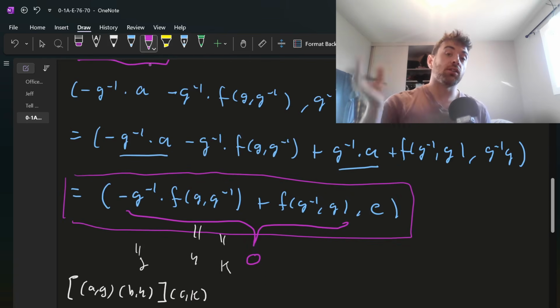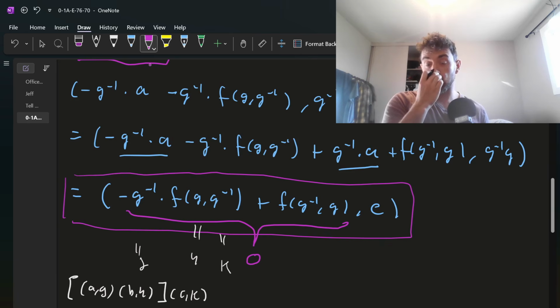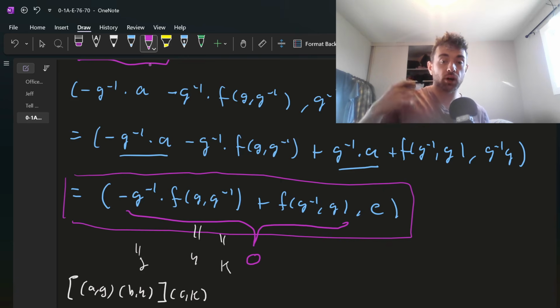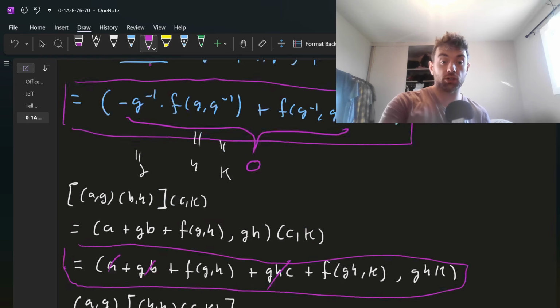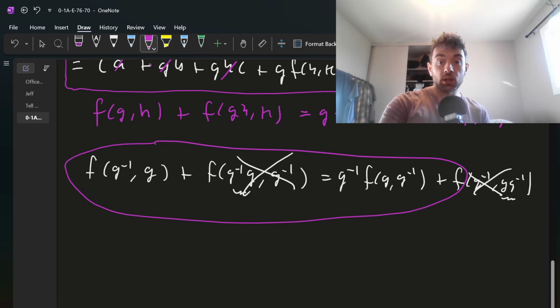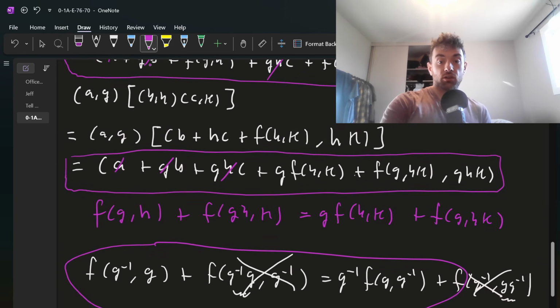So actually, the restriction imposed on us by demanding associativity implies the condition that we needed to have two-sided inverses. So that's great, because now this is the defining condition.